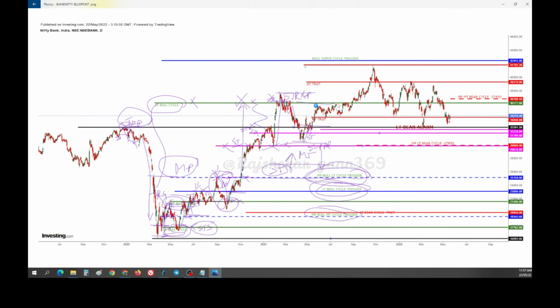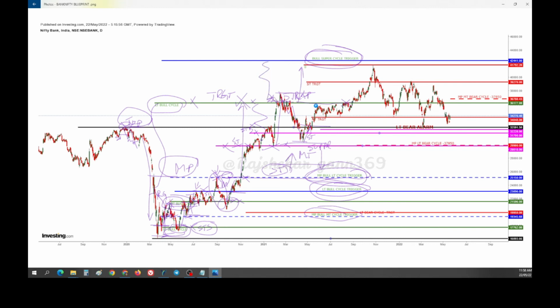Now after this gave a breakout of the long-term bull cycle, what is the next process? The next process is that it should trigger the super bull cycle. Now there is a long and wide gap between the long-term bull cycle target and the bull cycle trigger.